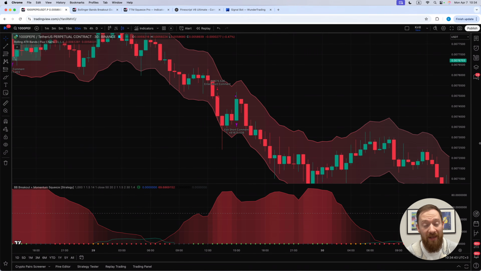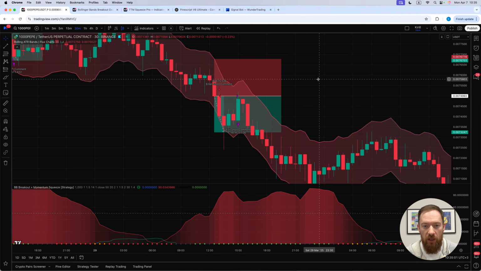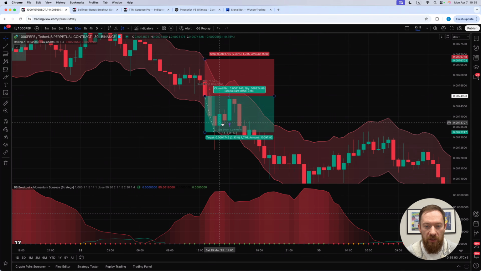Another thing that we added to this indicator is the move stop loss to break-even condition. This one is also measured having the risk to reward in it. So for example, this was the entry point. The stop loss price is somewhere over here on the upper band of the ATR.